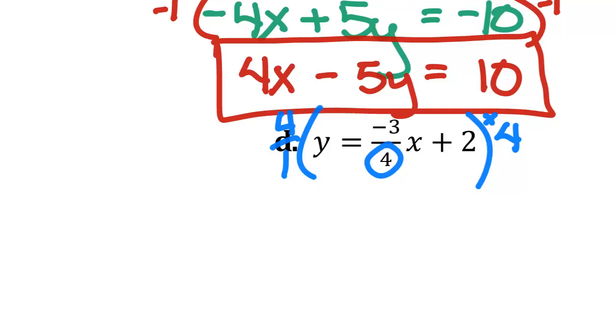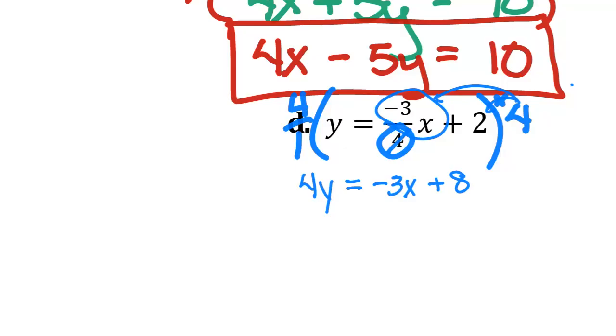And so on the left I have 4y equals, this 4 in the denominator is going to get simplified out with this 4, right? And so I just have that negative 3x left. And then 4 times 2 is 8.